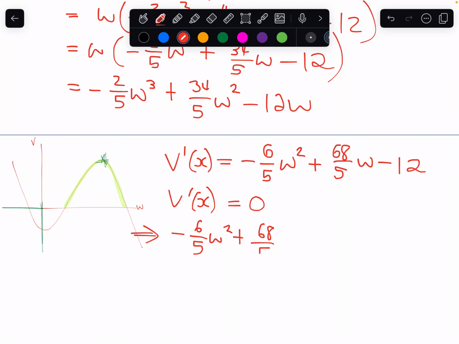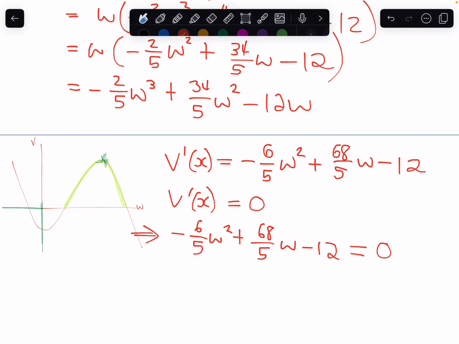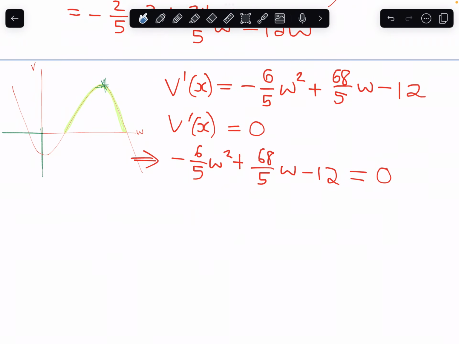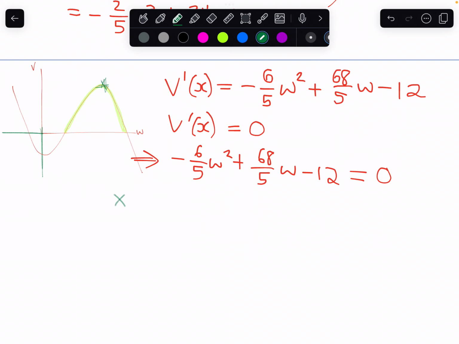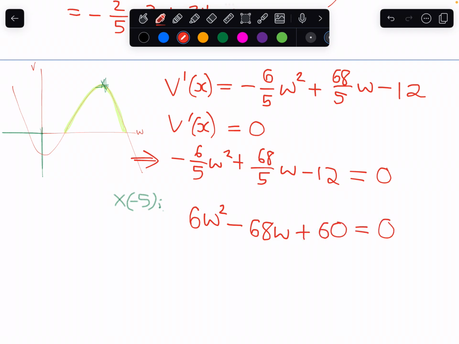The slightly crazy part of me wants to try and solve this without a calculator. Let's see how far we go. So I'm going to times both sides by negative 5, so times the whole equation by negative 5. Then we end up with 6w squared minus 68w plus 60, and this just becomes 0.